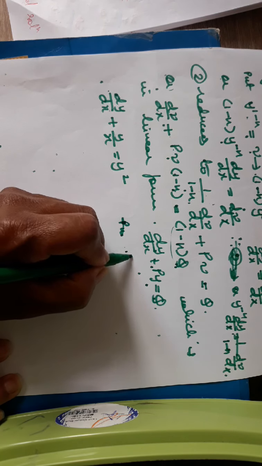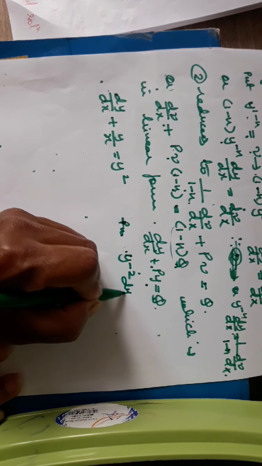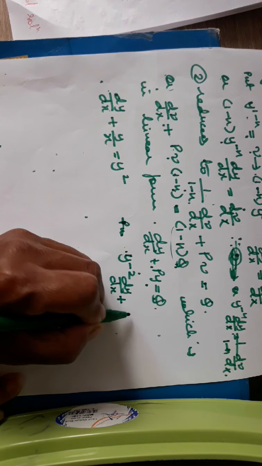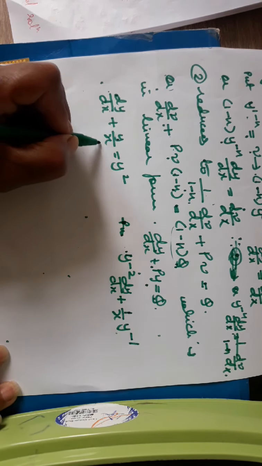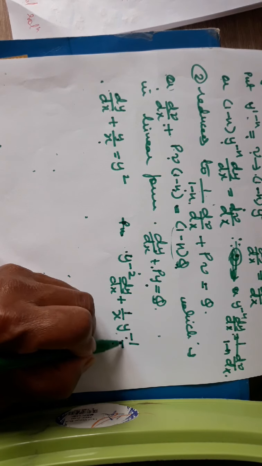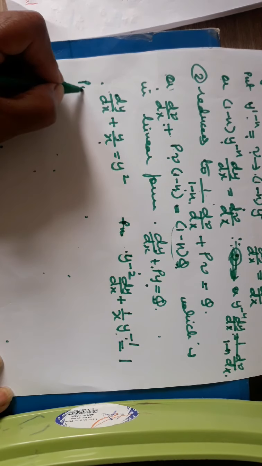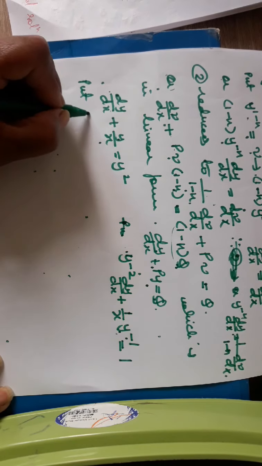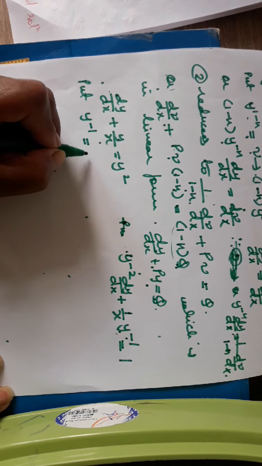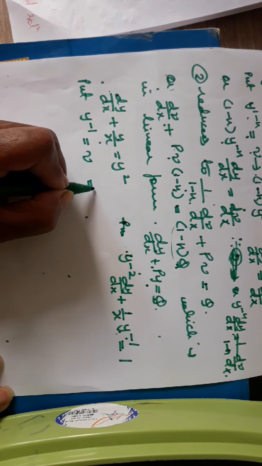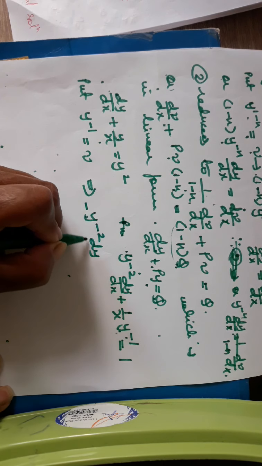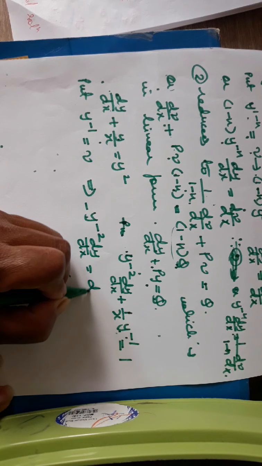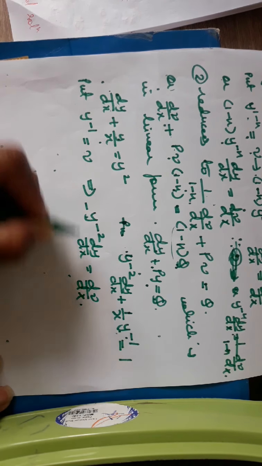What you get is y to the power minus 2 into dy/dx plus 1 by x into y to the power minus 1, because y by y squared gives you y to the power minus 1, is equal to 1. Now the method is you put y to the power minus 1 is equal to v. So on differentiating this, you'll get minus y to the power minus 2 into dy/dx is equal to dv/dx.